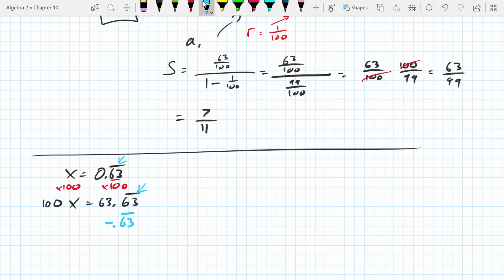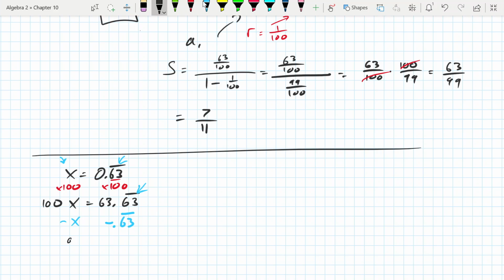I can subtract it. That's totally fine. But we also know that that's equal to x. So instead of writing minus 0.63 repeating on the left side, I'm going to subtract x. And I'm allowed to do that because I said in the beginning x equals 0.63 repeating. I'm doing the same thing to both sides of the equation.